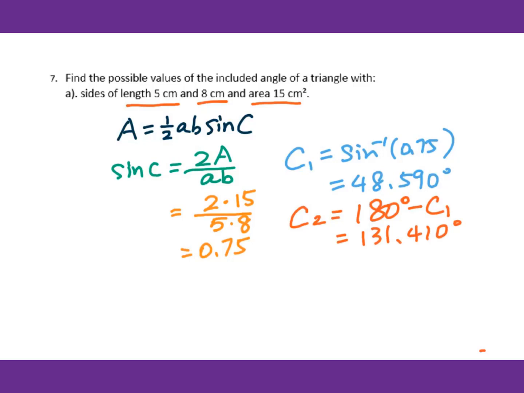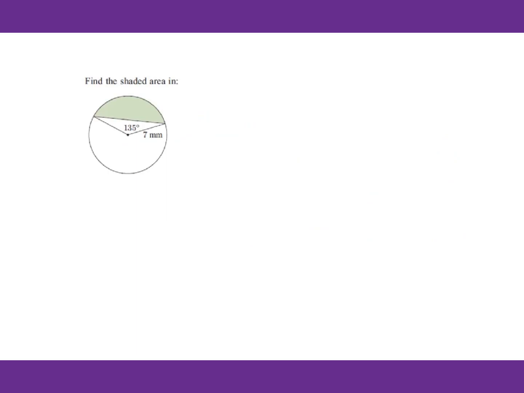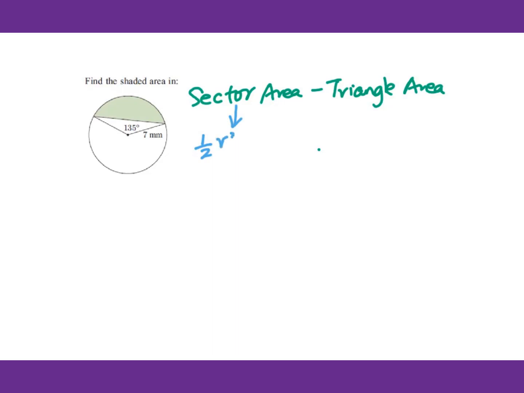Find the shaded area in this figure. First of all, we know that shaded area equals sector area minus triangle area. For sector area, we use 1/2 r squared times theta.